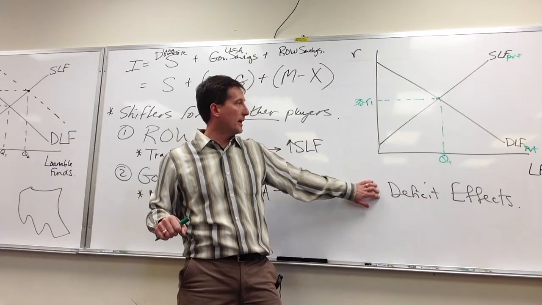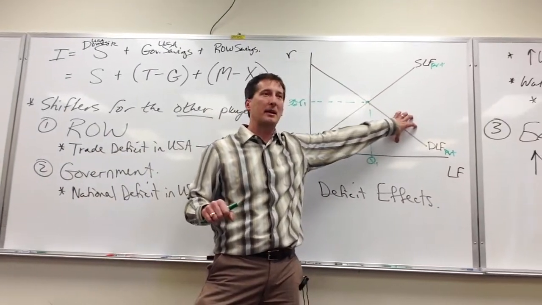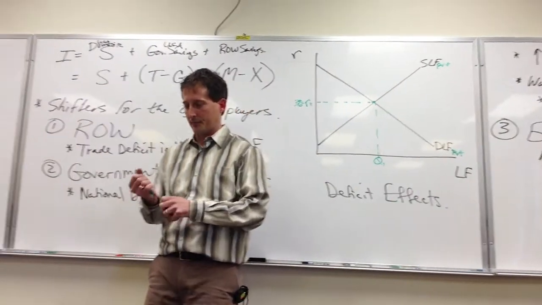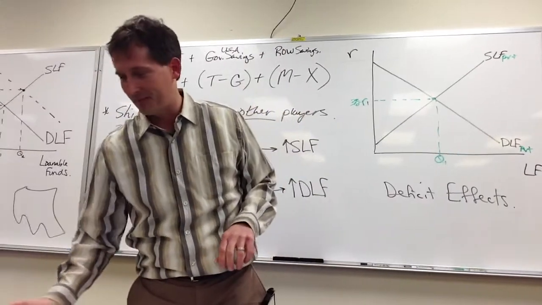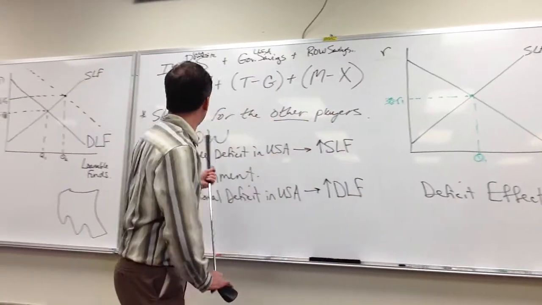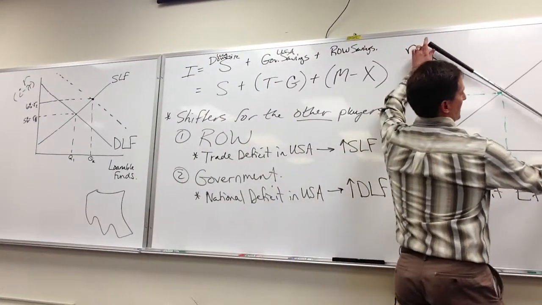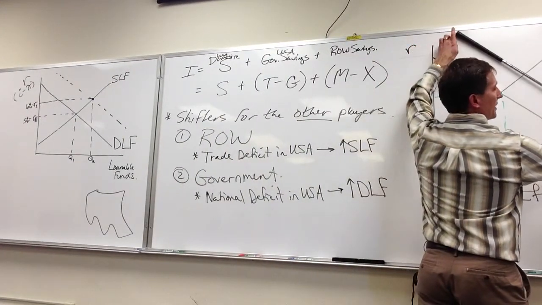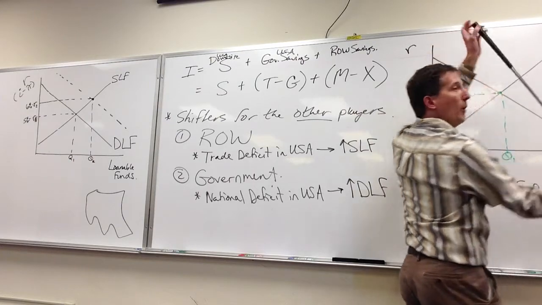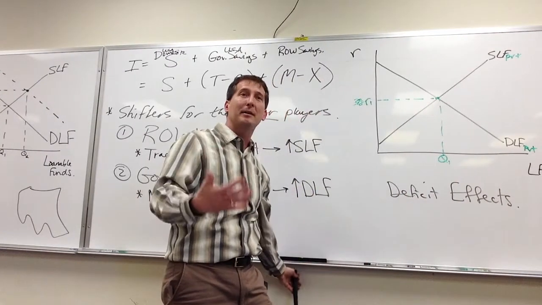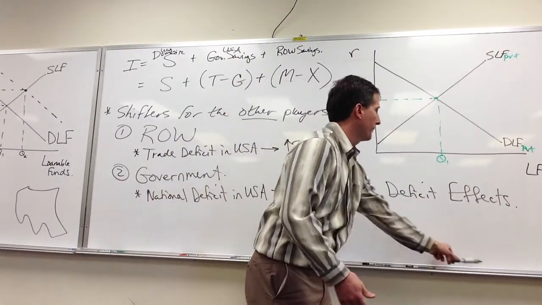A deficit then leads to what happening? I gave this to you already. Increase in demand, good. So that's this part here. So this demand curve is going to shift to the right now that the government is an added player to the marketplace, right?